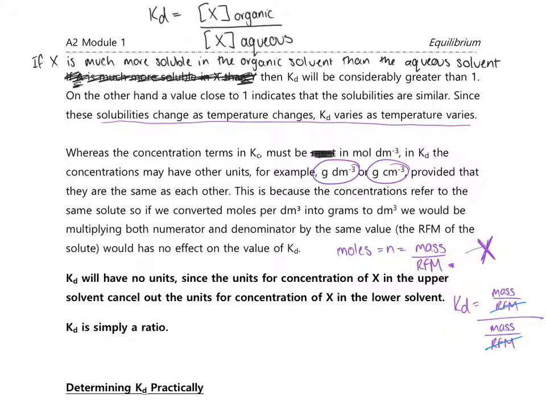So we can keep our concentration values as grams per centimetre cubed or even grams per decimetre cubed. The only thing that has to be constant is the units of the volume, so whether it's in centimetres cubed or decimetres cubed, that needs to be the same.